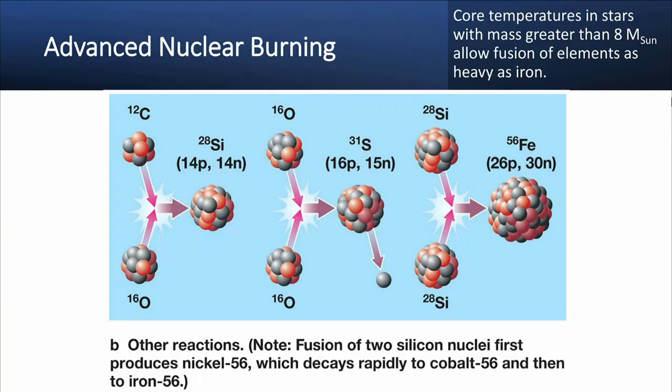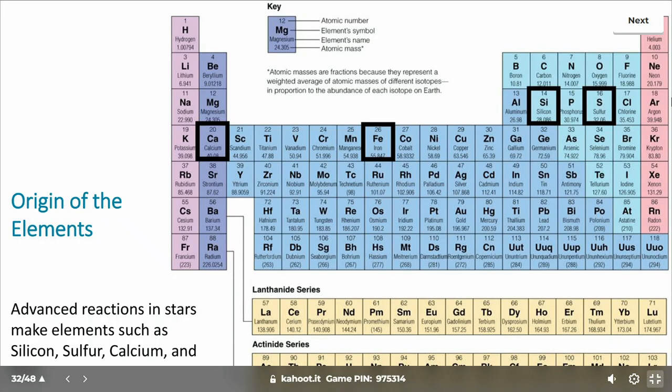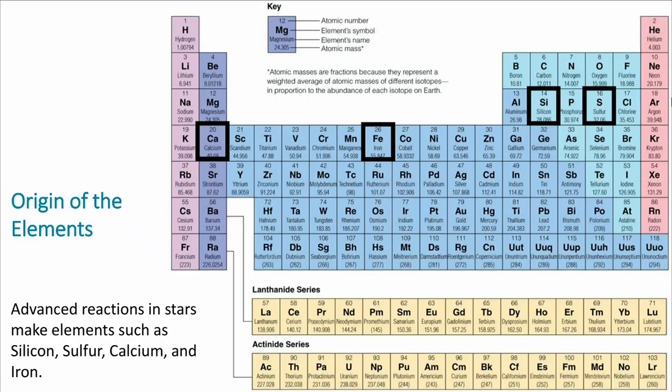Just a note, the silicon reactions don't go straight to iron. They go to nickel first, and then the nickel decays into cobalt and then iron. So now we've built up our periodic table to include silicon, sulfur, calcium, and iron.